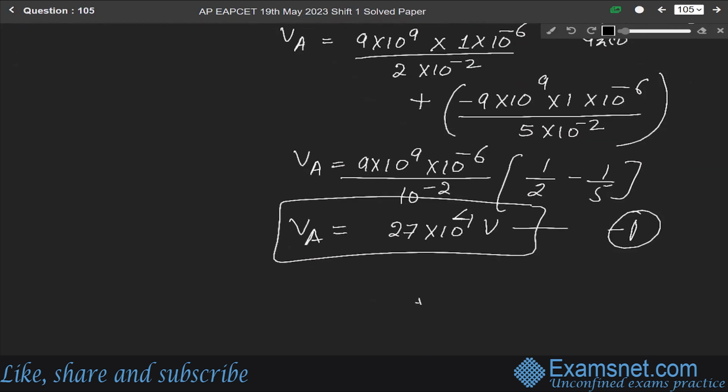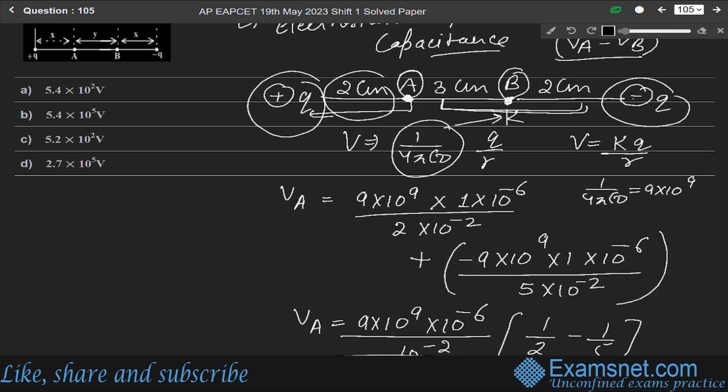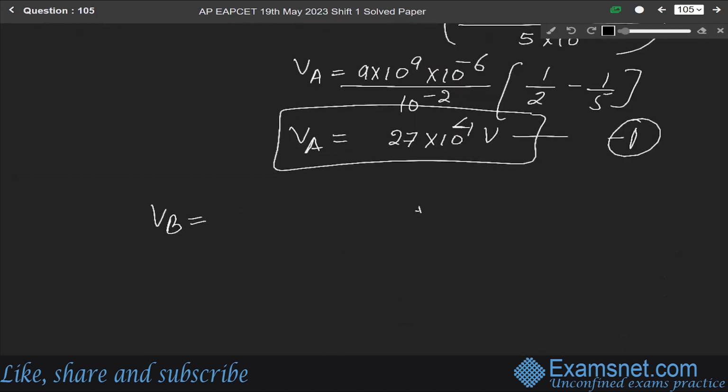Now solving for the potential at point B. VB will be equal to, the distance of point B from the positive charge is 3 plus 2, 5 centimeter. So it will be 9 into 10 to the power 9 into 1 into 10 to the power minus 6 over 5 into 10 to the power minus 2 meter.